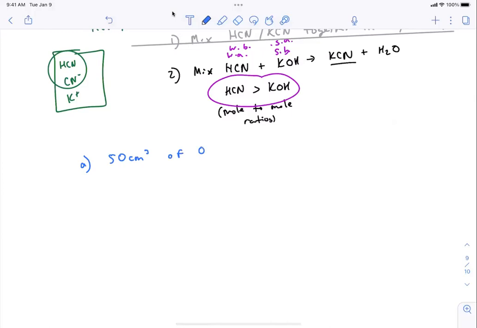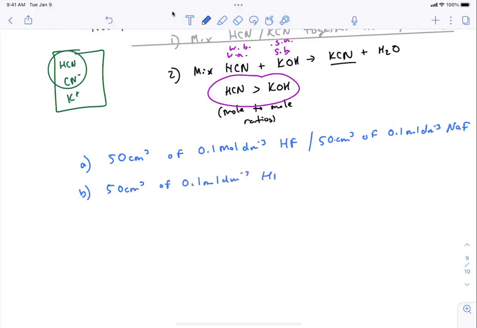A: 50 centimeters cubed of 0.1 molar HF, and 50 centimeters cubed of 0.1 molar NaF. B: 50 centimeters cubed of 0.1 molar HF and 50 centimeters cubed of 0.1 molar NaOH.